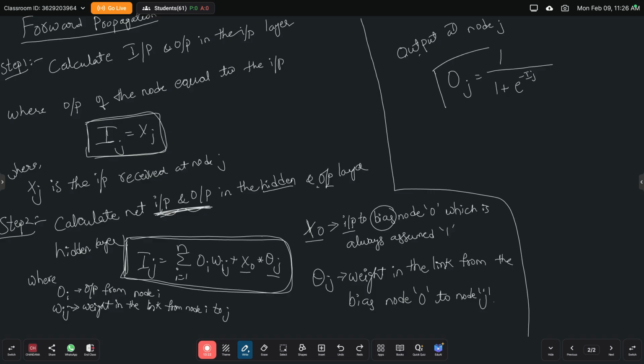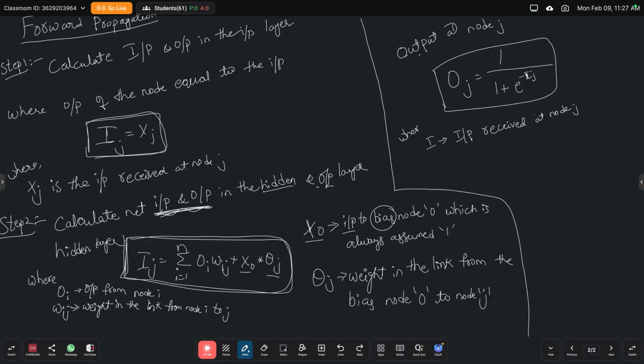This is for output for both the hidden layer and the output layer. Here capital I is the input received at node J. Up to here, two steps in forward propagation, and also we need to calculate the third step.